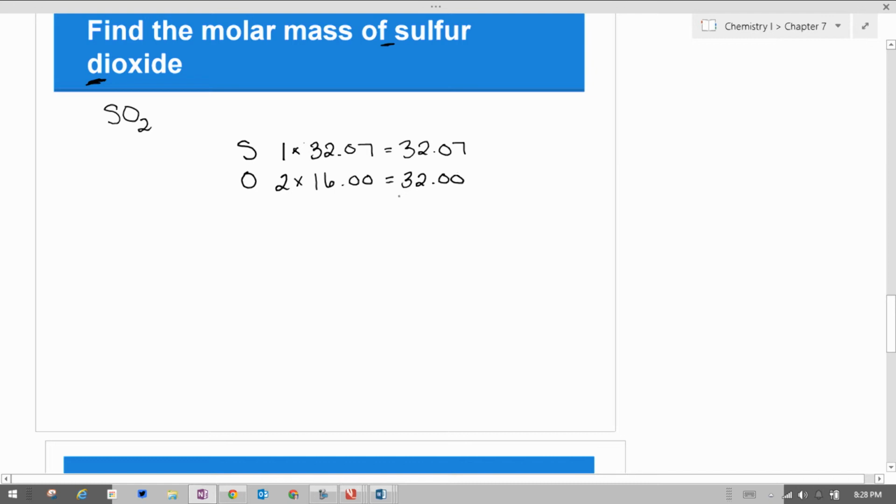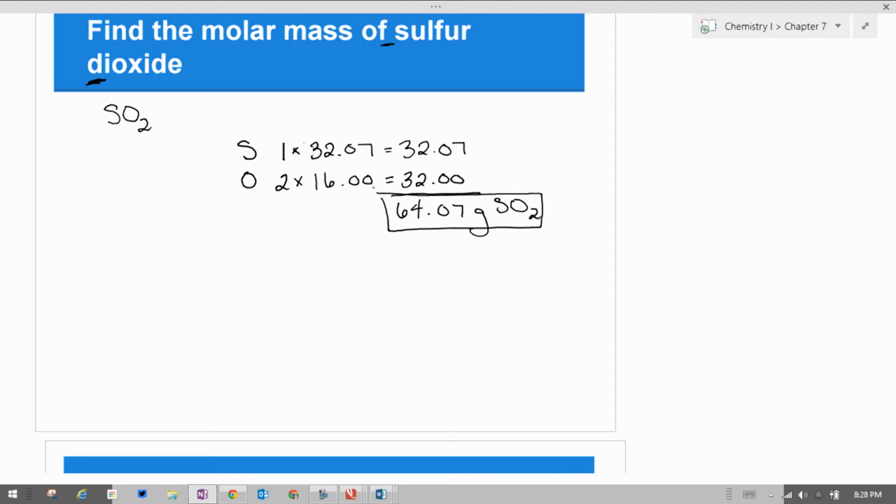Now that I've got each individual, I can add them together. So I just add these, and I will get 64.07 grams, and rewrite your compound, SO2. So 64.07 grams of sulfur dioxide is my answer for the question of find the molar mass of sulfur dioxide.